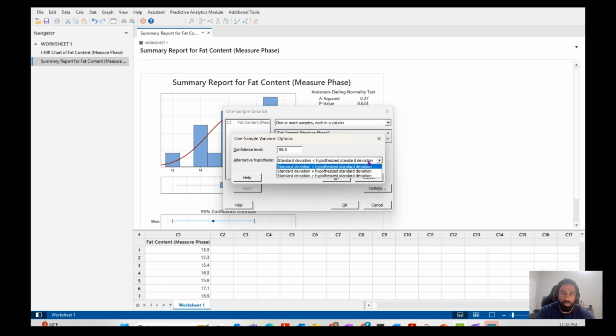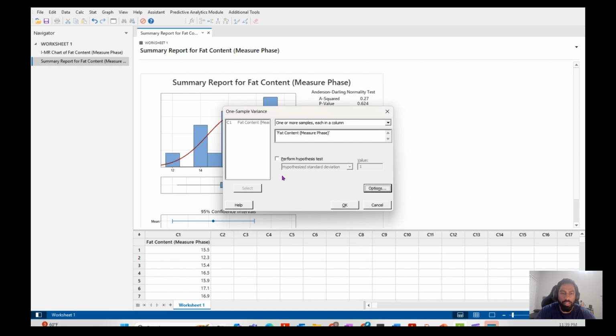If you do less than, then that gives you the upper bound on the 95% confidence interval. And if you choose standard deviation greater than hypothesized standard deviation, that'll get you the lower bound. Since we are more interested in the upper bound, we can leave it at standard deviation less than the hypothesized standard deviation.